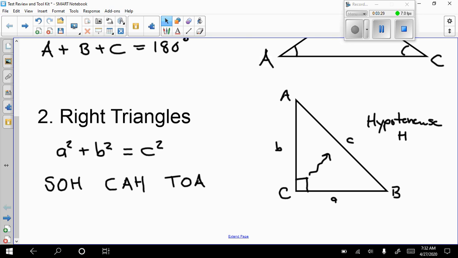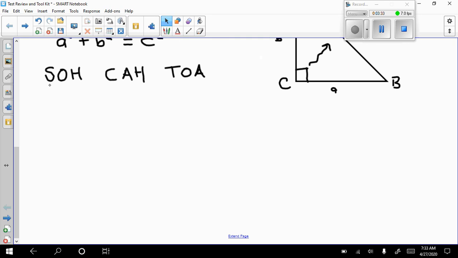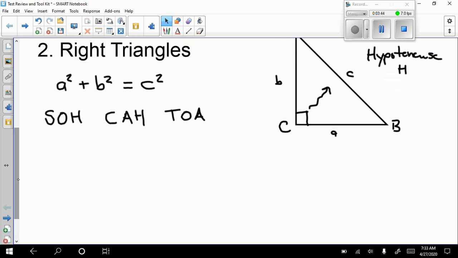And what that means is that the sine of an angle is opposite over hypotenuse, the cos of an angle is adjacent over hypotenuse, and the tan of an angle is opposite over adjacent. And luckily, your calculator is pre-programmed with these ratios in them.